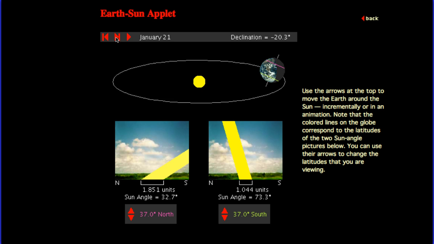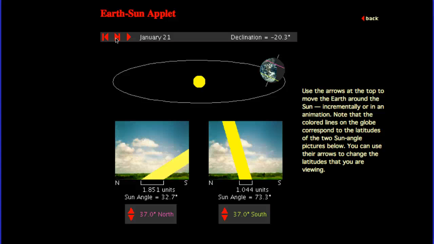So when you get it to this date in your data collection or in your spreadsheet, you're going to have a column for San Francisco for latitude, and a column for Melbourne, Australia for latitude and for sun angle.